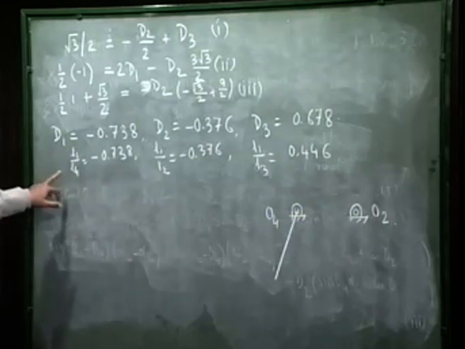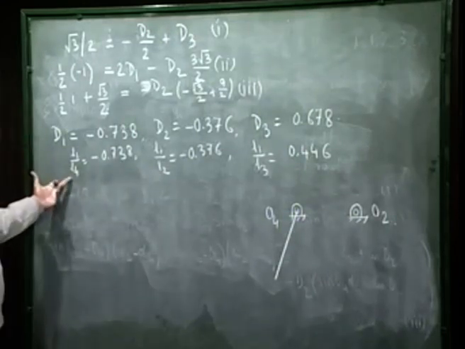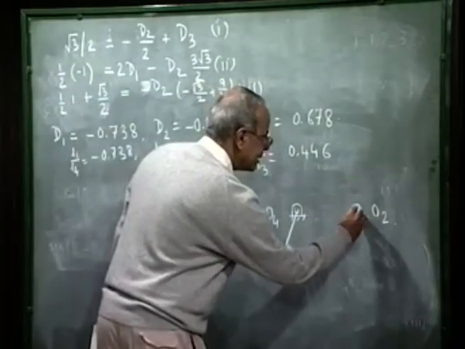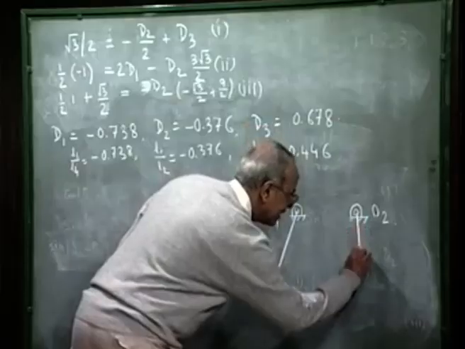L2 is longer than L4, but L2 is also negative, and theta 2 was 90 degree, that is this way, so I draw it this way.